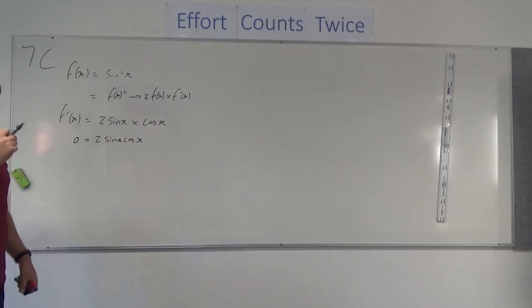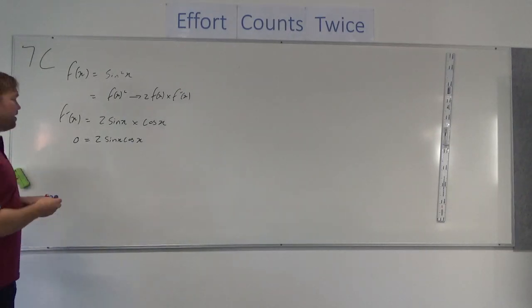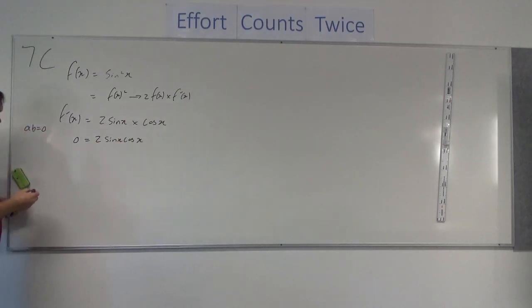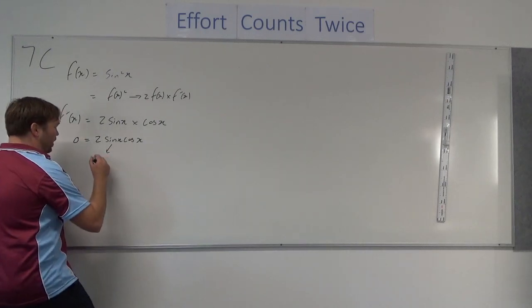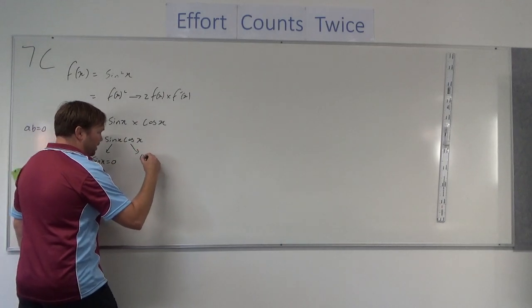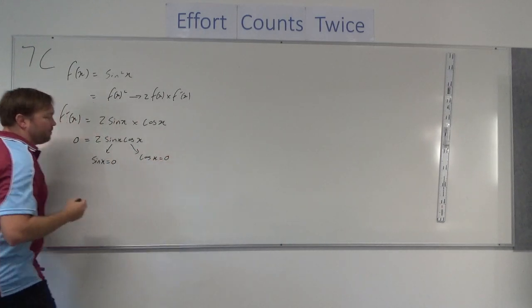The reason it's getting hectic is because really this is in the form of AB equals 0. Meaning every time either of them equals 0, we're going to get a 0 overall. So really what we're looking for is when does sine x equal 0 and when does cos x equal 0.